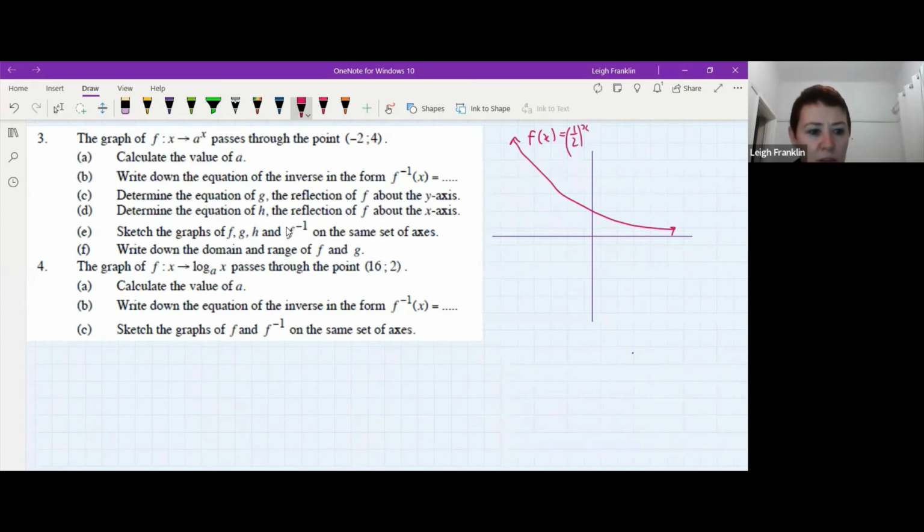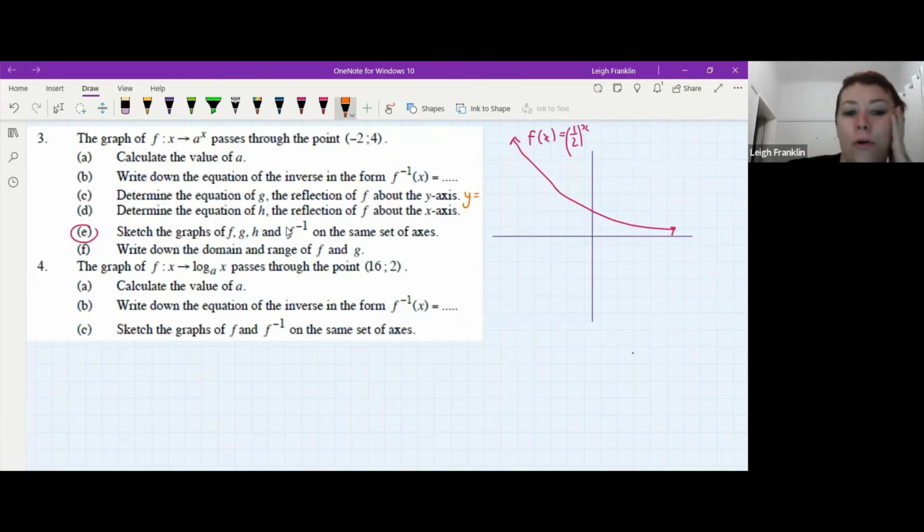Sorry, are you talking about this one over here? So now when it comes to sketching, what did you work out to be the reflection of the graph about the y-axis? What did you get there as your answer? Y equals?